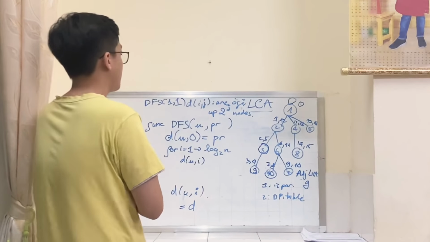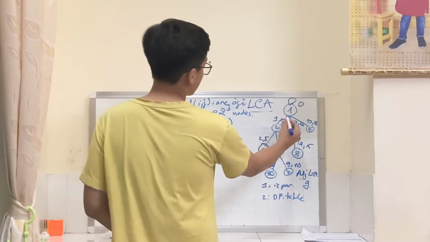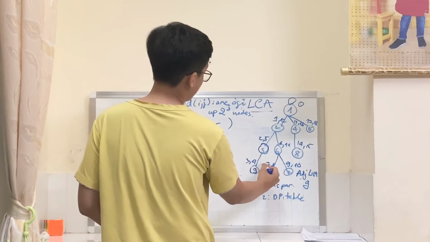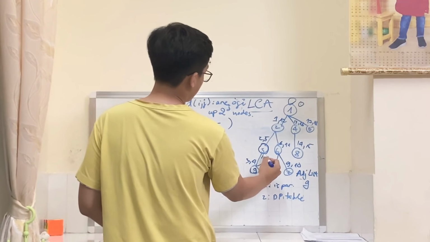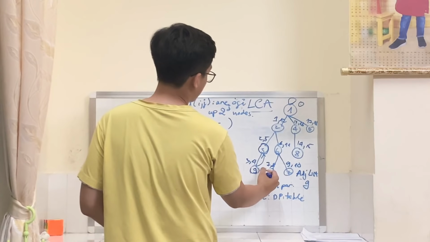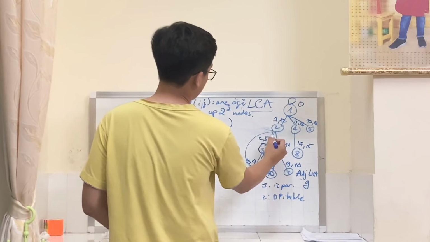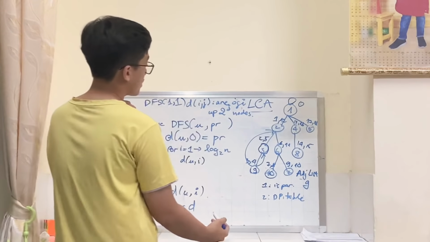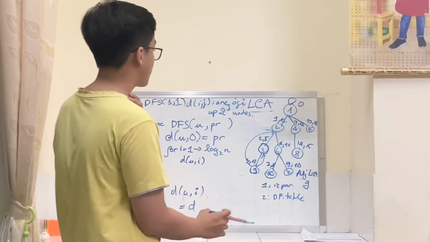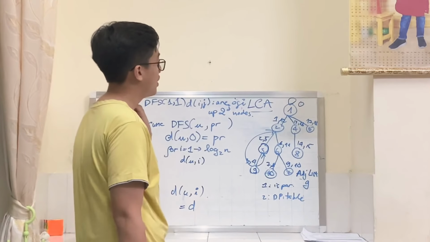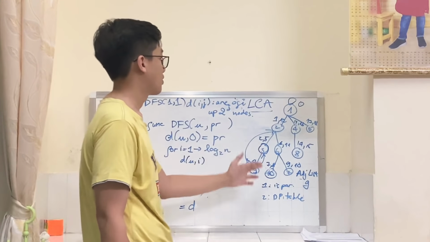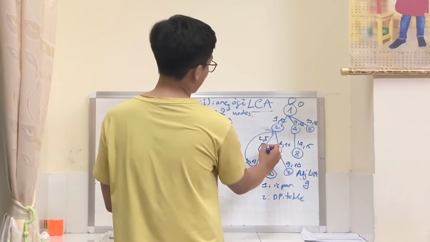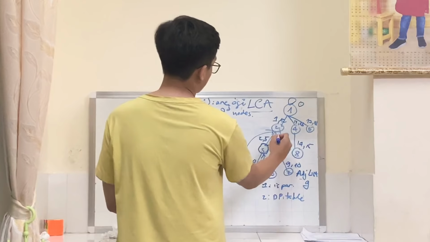For example, you have this tree, you want to calculate this one, then you must have this one, and it will jump to this one. It is d[9][0] and d[9][1]. So you want to calculate d[9][1], you have to know d[9][0]. So for d[9][0] you just have to uplift it over here.